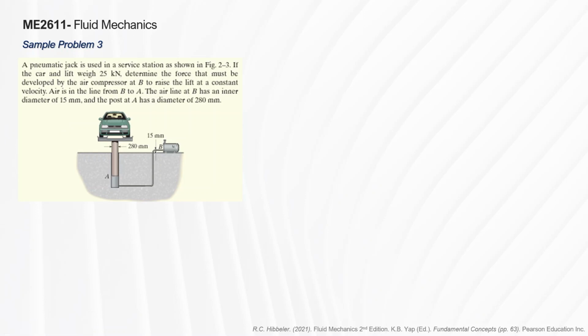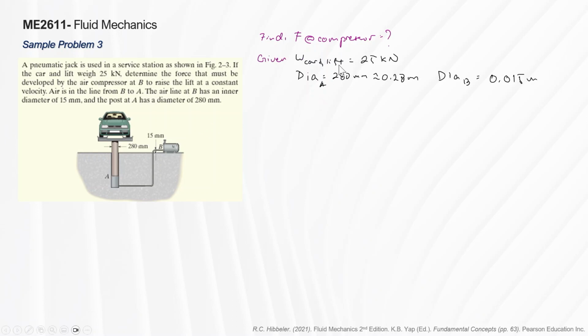Okay, so now that we know our knowns, we have to find and know our ask. So we have to find the force at the compressor. We can just say FP. What do we have? We know that the car lift is 25 kilonewtons. We know that the diameter at point A is 280 millimeters, that's 0.28 meters.